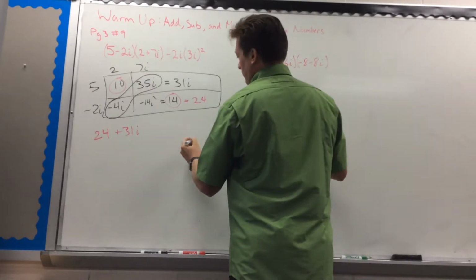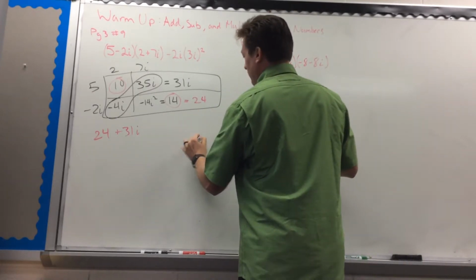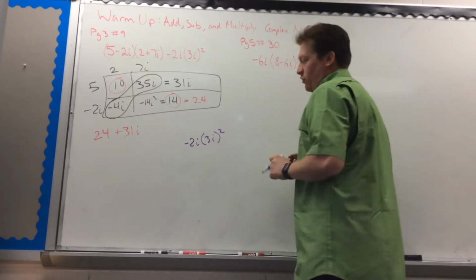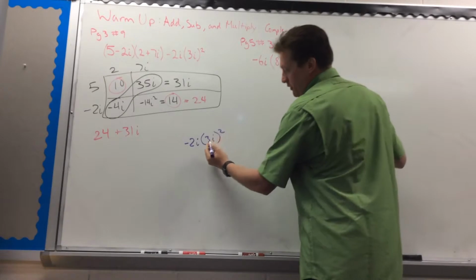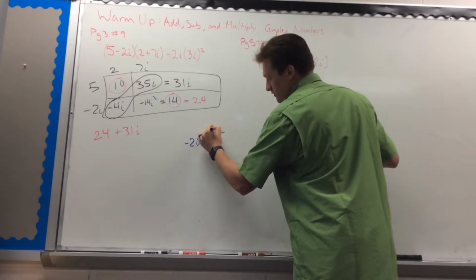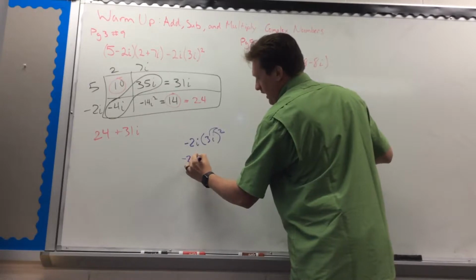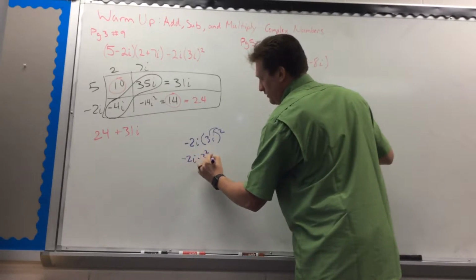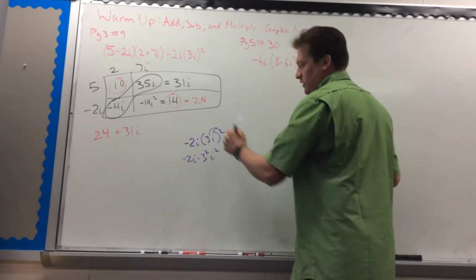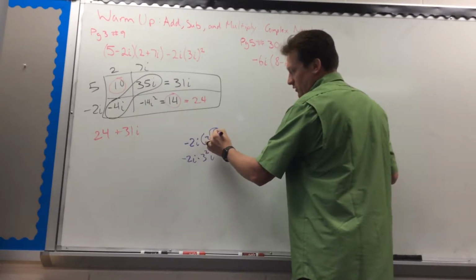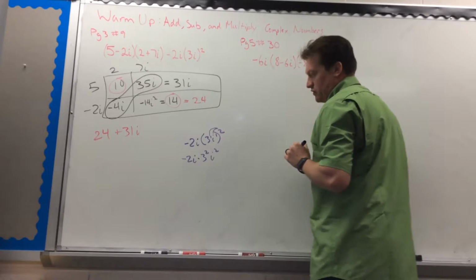So I've got negative 2i times 3i squared, and we have to take care of order of operations first. 3i squared is 3 squared i squared, so now I have negative 2i times 3 squared i squared. It's a law of exponents. When I'm separated by a parentheses, you distribute the exponent to the missing ones. So we have our first power right there. That's where it distributes.